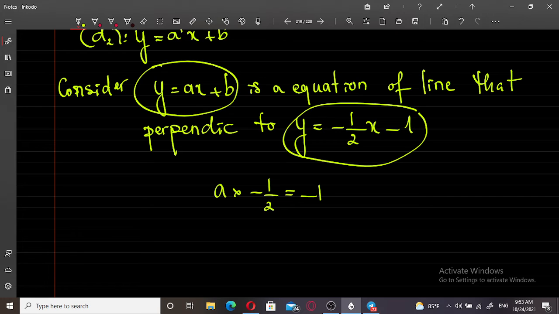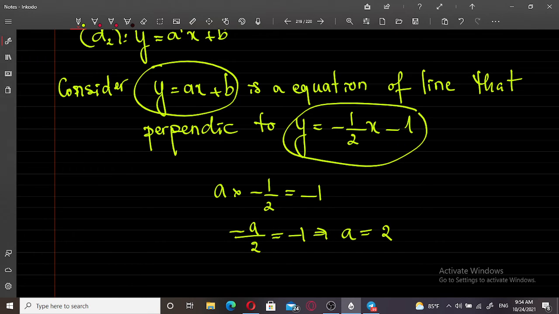So the slope of the first line times the slope of the second line equals negative 1. So a times negative 1 over 2 equals negative 1, then negative a over 2 equals negative 1, and then a equals 2.